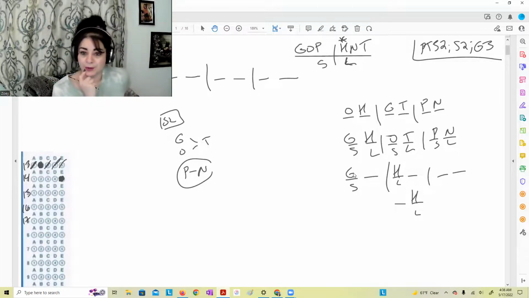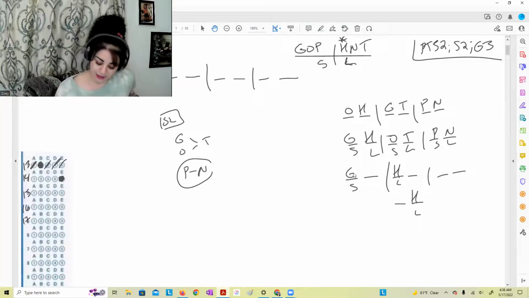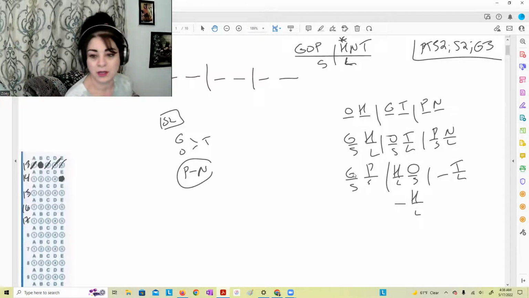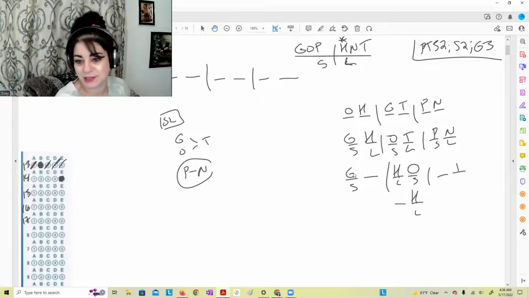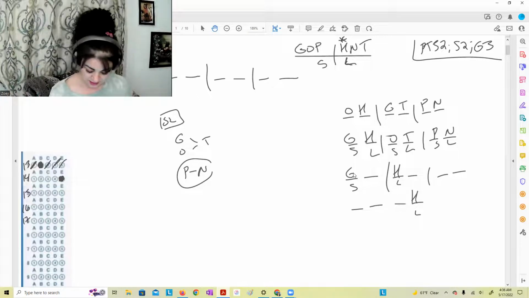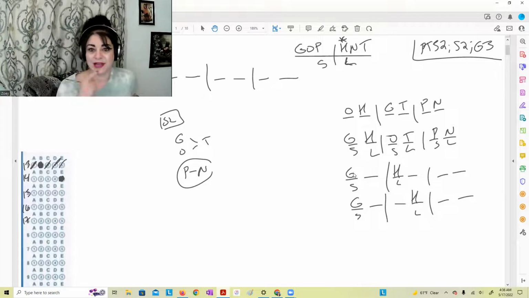In order for O, which is short, to come before T, O will have to be over here because O can't be on the first spot. So O will have to be there in the middle, and then T will have to be on the last day, and T is long. So then how am I going to make P come before N? I can't do that because P is short and N is long. So that wouldn't work. And it would be the exact same thing if I tried to push H into the second spot. It really wouldn't matter. It would leave us with the exact same layout.